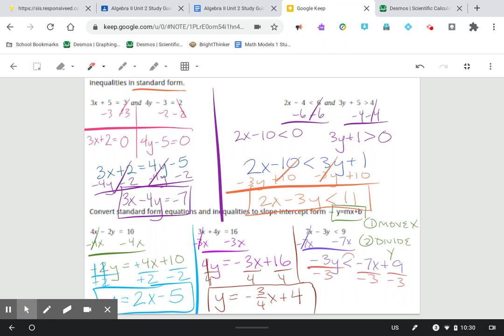You remember when you divide by a negative, you have to switch the direction of the sign. So that sign becomes greater than. Obviously, the negative 3 cancels out, giving me y, and then greater than. And then I just work out the rest of it. I have 2 negatives here, so those are going to switch to positive 7 over 3x. And then 9 divided by negative 3 is negative 3. And so that's how you convert standard form to slope-intercept form.